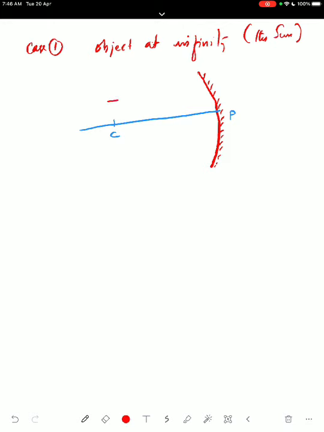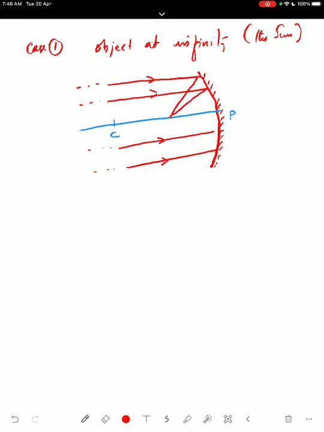We can put one or two dots here for the object at infinity. After reflection, they are converging to a point. All the rays after reflection come together at this point.